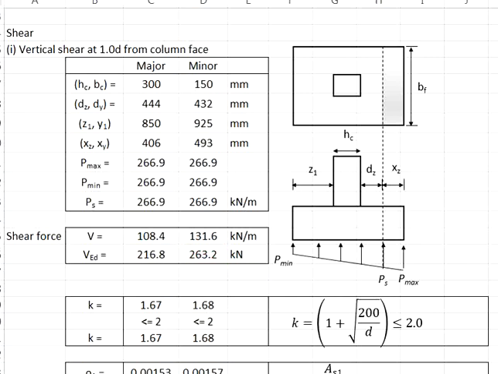Why is it so? First, it is due to the shorter distance of the effective depth from the column face. Second, it is due to the narrower column width, resulting in a larger effective area contributing to the shear force to the shear plane in the minor axis.